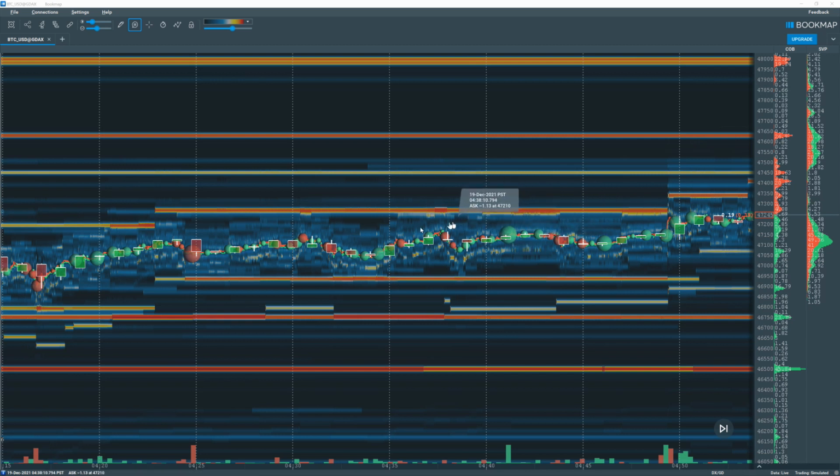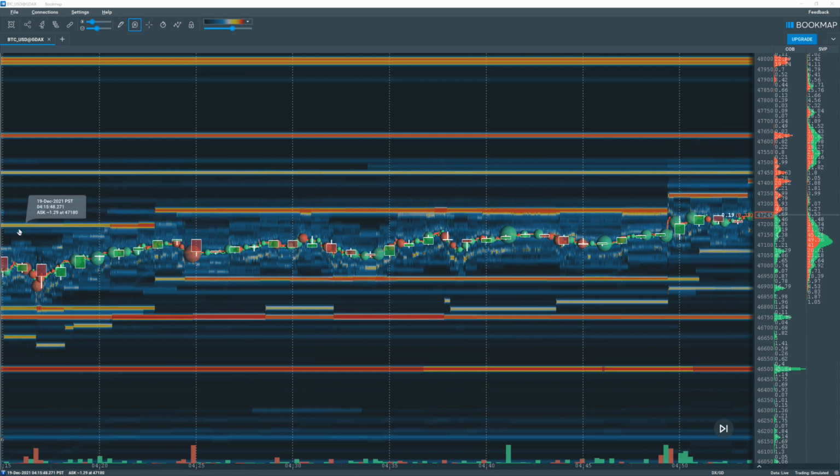The cooler the colors, like dark blue, almost blackish, those are smaller orders. And when you get towards the red, those are bigger orders. So here you see larger buy orders versus a really dark one here, and likewise for the sell orders above.